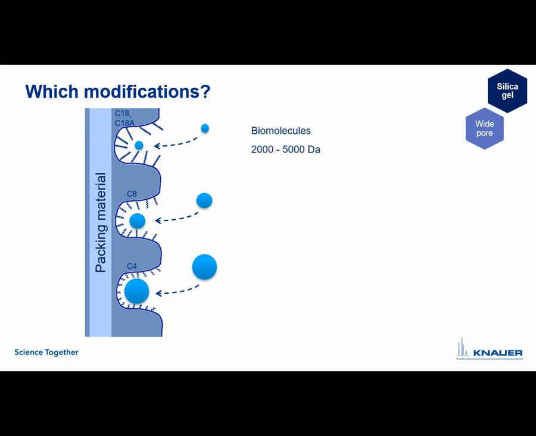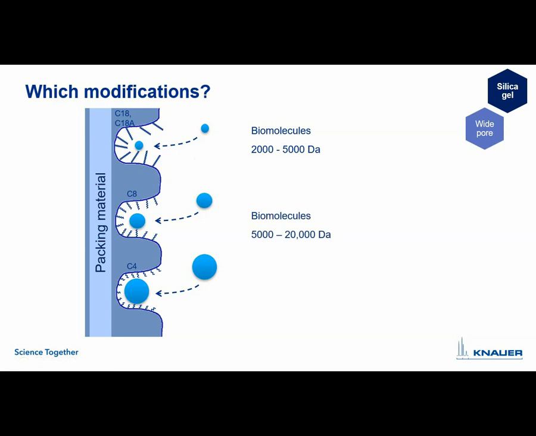So if the biomolecule is around 2,000 to 5,000 Dalton, a C18A phase with large pores is okay because the analyte can penetrate the pores. If the analyte gets larger, it will get problems here because the pore, you see, gets smaller because of the C18 modification. And now you can use a C8 modification when the molecule gets larger.